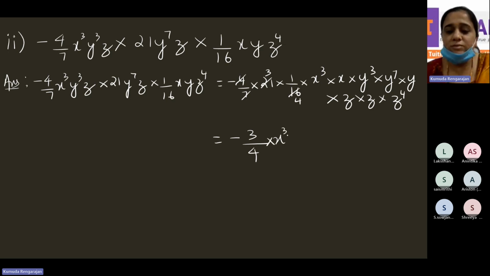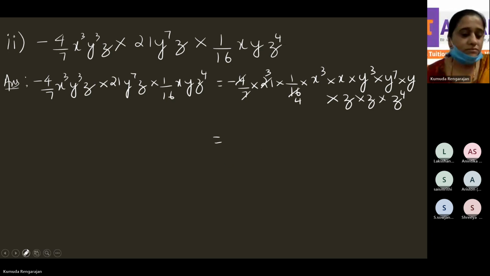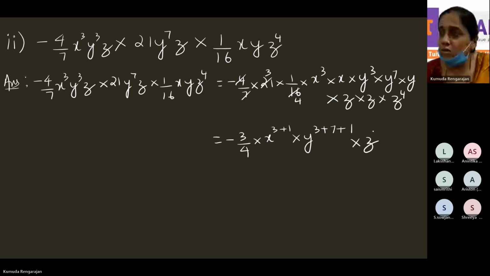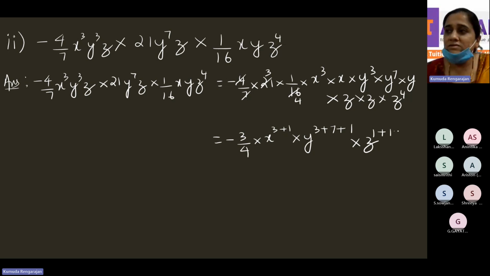So it will be minus 3 by 4 into x to the power 3 plus 1 into y to the power 3 plus 7 plus 1 into z to the power 1 plus 4. Very good.